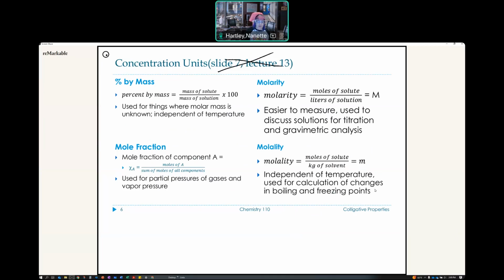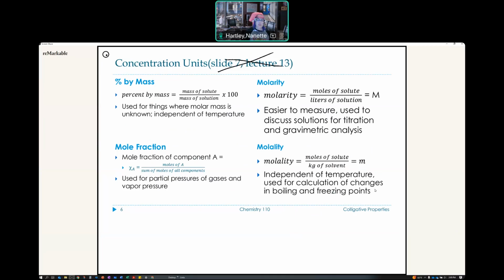So for some things where we're trying to look at the effect of temperature on these solutions, or the effect that this thing is having on those temperatures, we need something that's independent of that volume, right? So for certain measurements, we need to use something that's independent of that volume change.